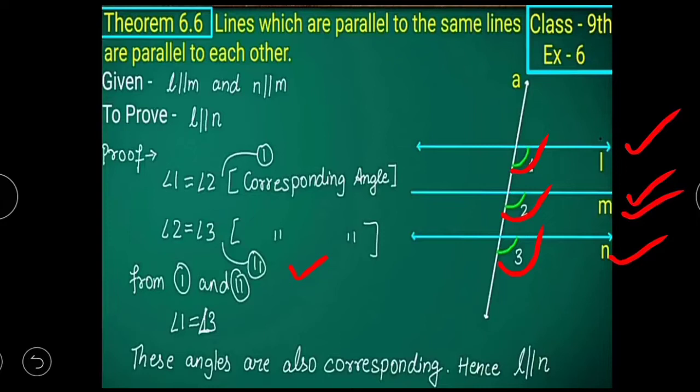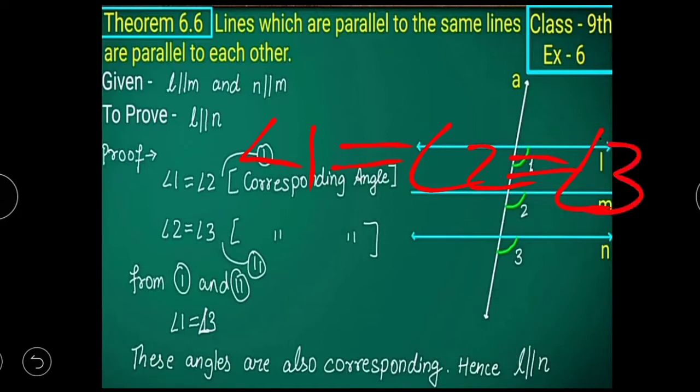Now, if you see equations 1 and 2, on comparing 1 and 2 we get angle 1 is equal to angle 2 and angle 2 is equal to angle 3. Therefore angle 1 is equal to angle 2 is equal to angle 3. All angles are equal, and from this we can conclude that angle 1 is equal to angle 3.